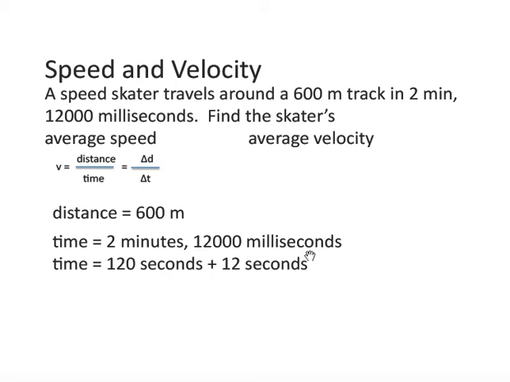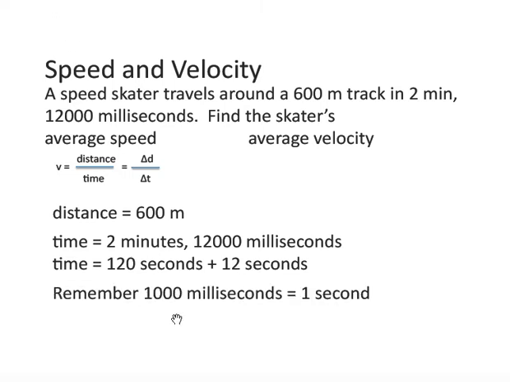12,000 milliseconds. Well, you have to remember what a milli is. A milli means 1,000. So 12,000 milliseconds divided by 1,000 is 12 seconds. So remember that. And if you don't remember that, please write that down. 1,000 milliseconds is 1 second. 1,000 millimeters is 1 meter. Remember that.